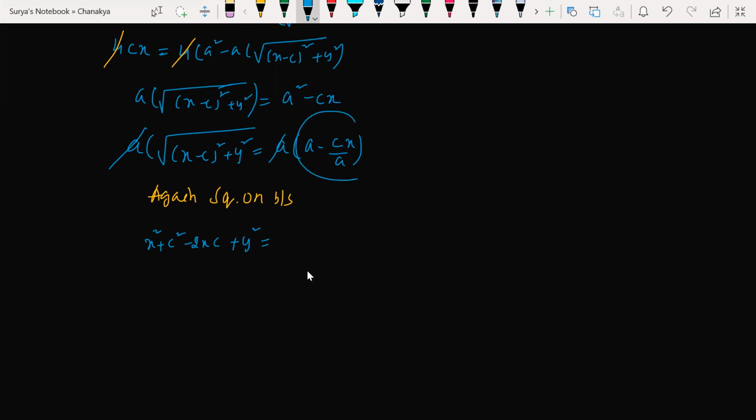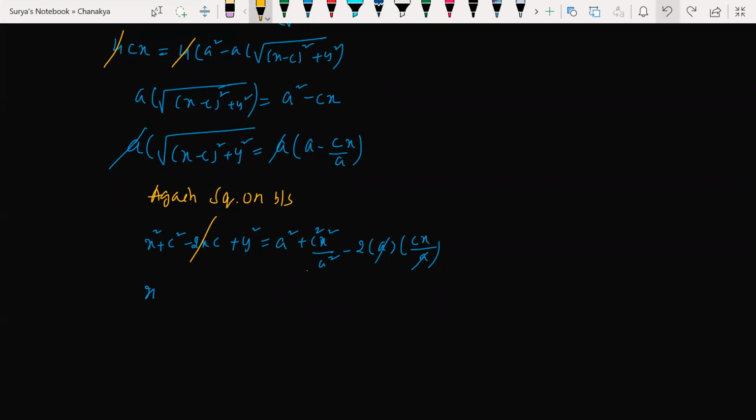So now a minus b whole square, right? So a square plus b square minus 2 times of a into b. So a will get cancelled. Now look, if you observe this properly here, minus 2xc and minus 2xc will get cancelled, correct?